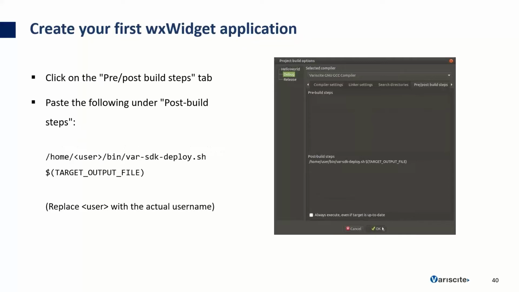And we are going to activate the script that will be in charge to deploy the binaries. So basically, after we started the compilation and we completed the compilation, this script will be in charge to transfer the file from the host PC to the target. The target output file is an embedded variable within Code::Blocks that will be used to point to the binary that we need to transfer.